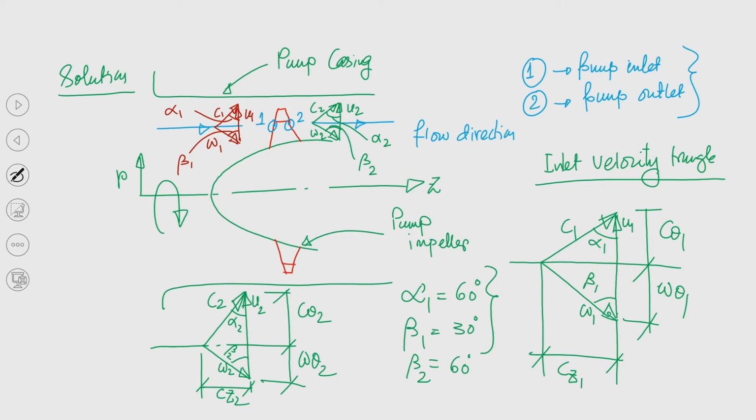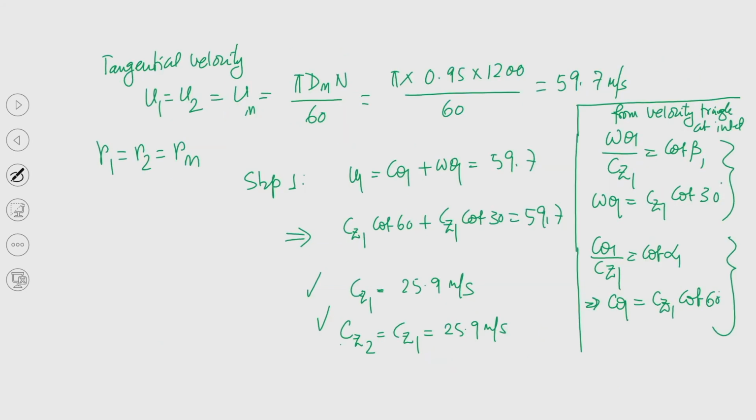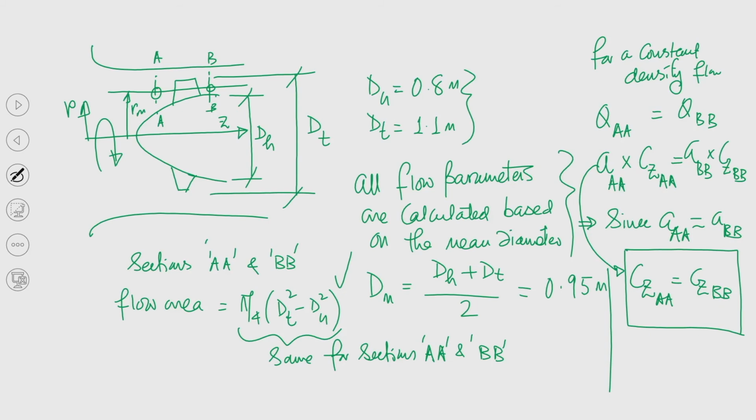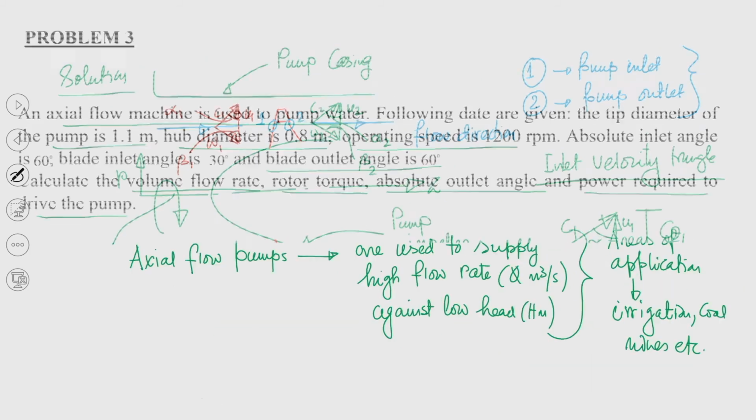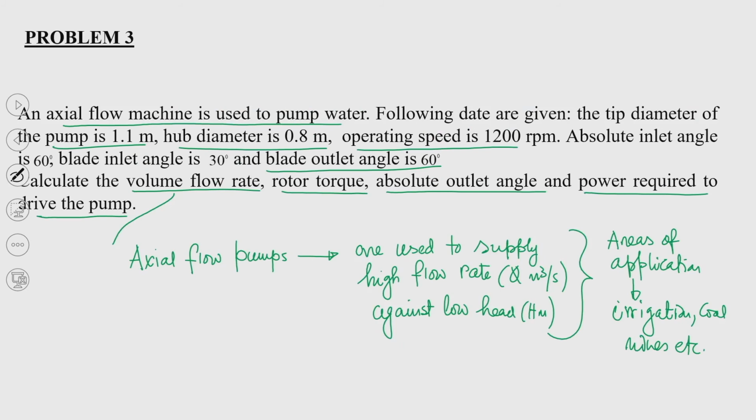So, if we write over here, absolute outlet angle alpha 2, that is what we need to calculate, because we have already listed down alpha 1 equal to 60 degree, that is the absolute inlet angle, and we have to calculate the absolute outlet angle.